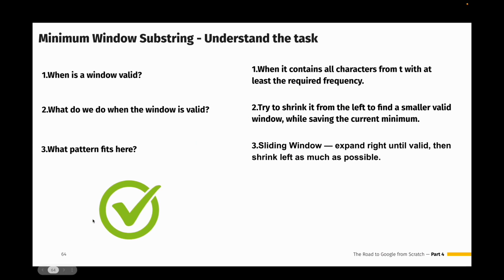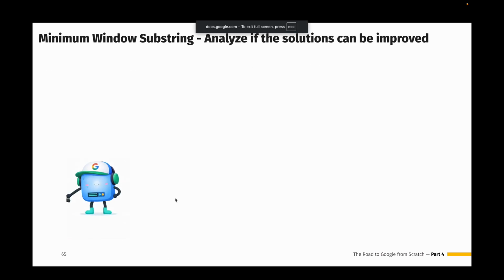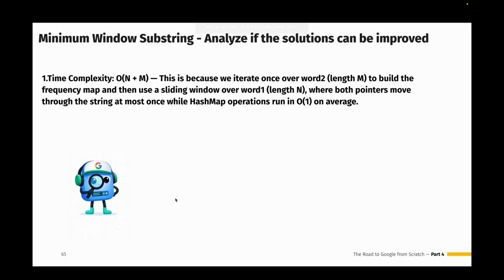Now let's analyze the solution. So the time complexity is O(n plus m). This is because we iterate once over word 2 with length m to build the frequency map, and then use a sliding window over word 1 with length n, where both pointers move through the string at most once, while HashMap operations run in O(1) on average.